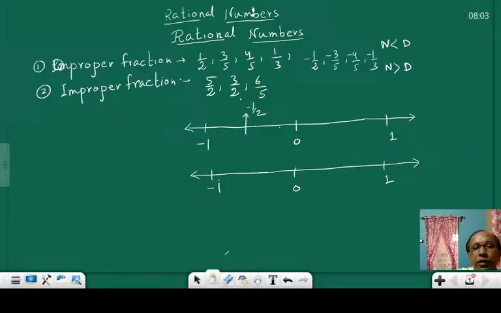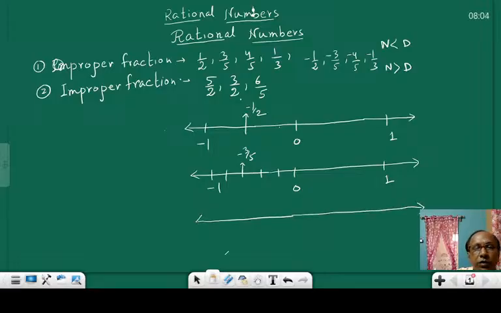Minus 3 by 5 means if you divide this into 5 equal parts, 1, 2, 3, 4 and 5, right. Minus 3 by 5 means 1, 2, 3, this is minus 3 by 5.